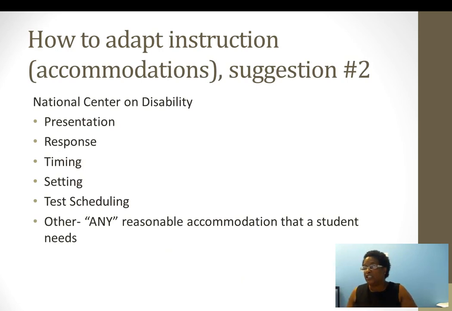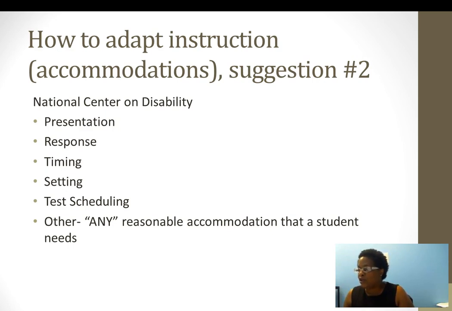So another suggestion too, it's from the National Center on Disability. And some of the things that they say an adaptation is when we modify the presentation, we modify the way the students can respond, we modify the timing, we can modify setting, and some of these are more accommodations.